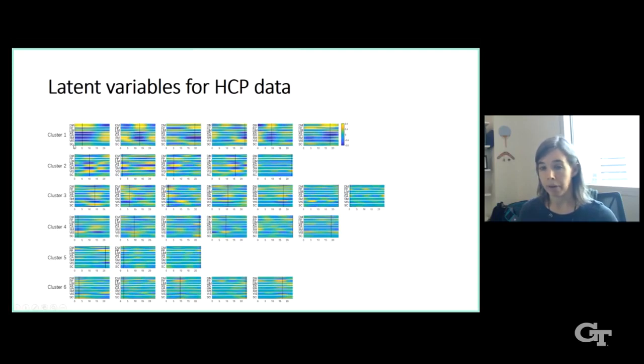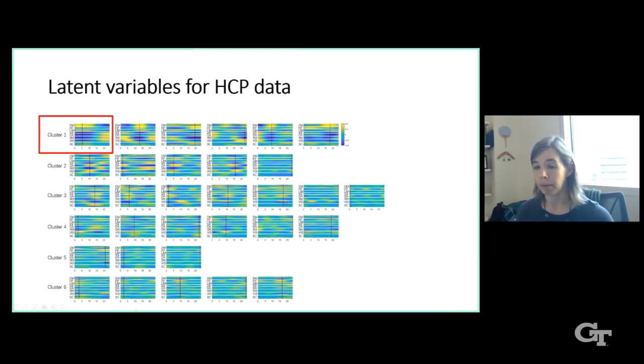Each area is along the vertical axis, and its evolution over time is along the horizontal axis. And if we look at the primary trajectory that explains most of the variance right here, it looks just like that QPP. So that's great. We're getting the same thing when we analyze the data different ways. That's always encouraging.